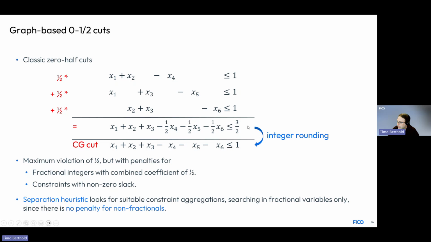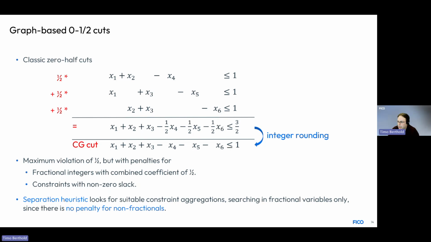So both these and these here are valid linear inequalities for your original problem, and this is the so-called Chvátal-Gomory cut, or a specific form, the 0-1/2 cut. Because 0-1/2, because all the coefficients are 1/2 or 0 for those that you don't consider at all.